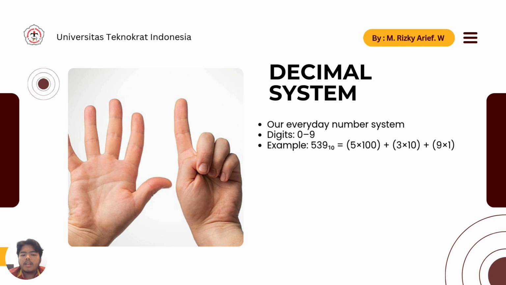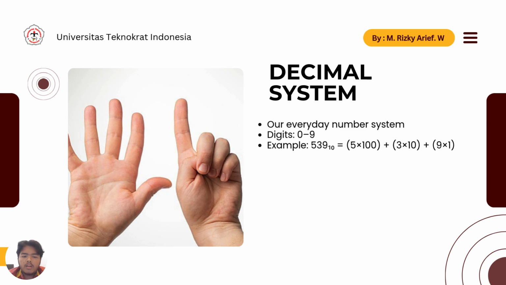Okay, next. Decimal system, or base 10. This is the number system we use in our daily life. It has digits from 0 to 9 and each position represents a power of 10. For example, the number 539 base 10 can be broken down as 5 times 100 plus 3 times 10 plus 9 times 1.